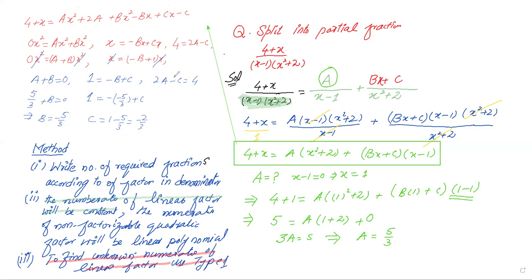But if you want to check whether the value of c is correct or not, you can also use the third equation. That equation is not usable over here, but if you just want to check that your answer is correct or wrong, use this one. So 2 into a, that is equal to 5 by 3.